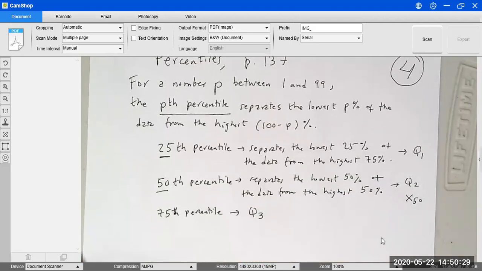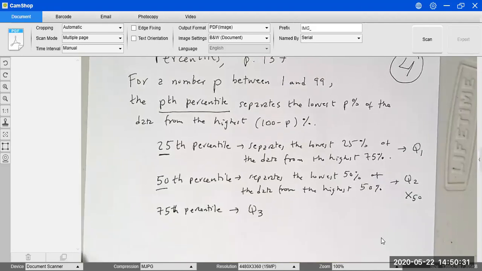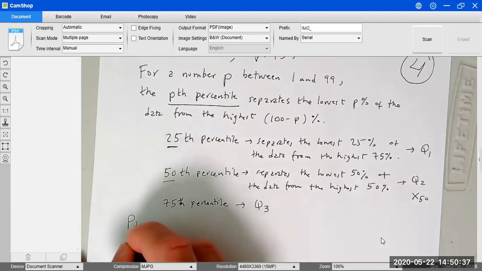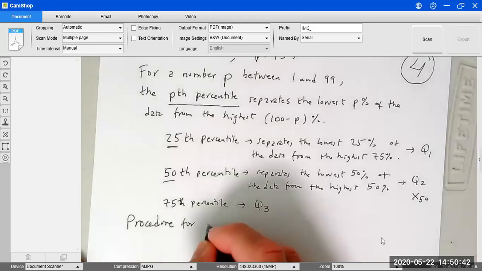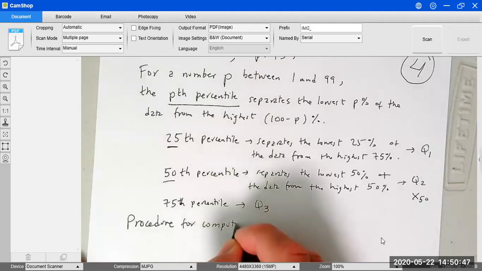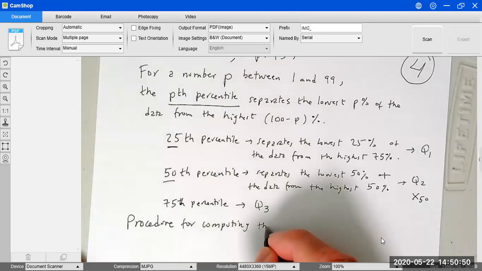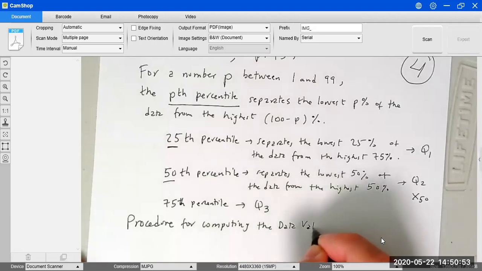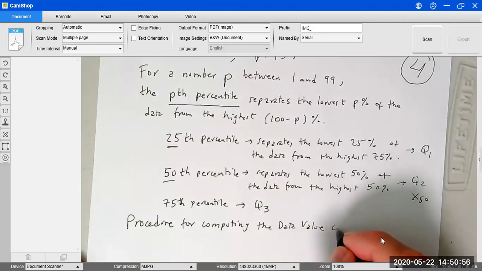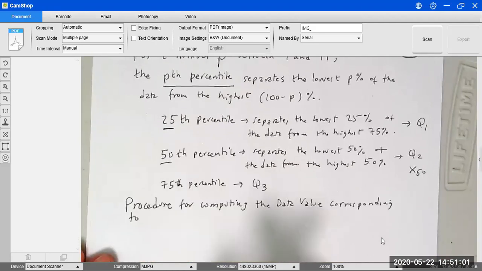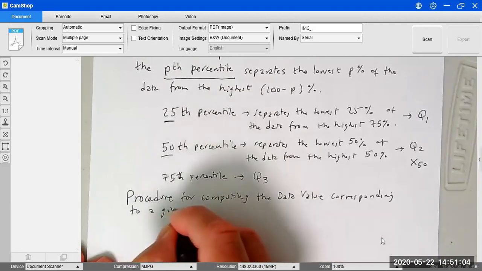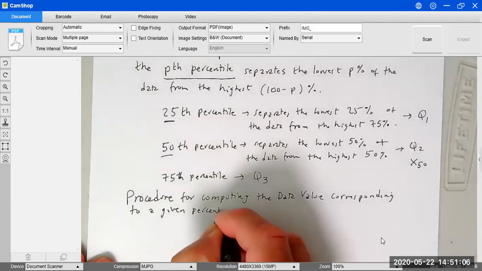So what is the procedure? The procedure is very similar to the one that we just wrote for quartiles. Procedure for computing the data value corresponding to a given percentile.